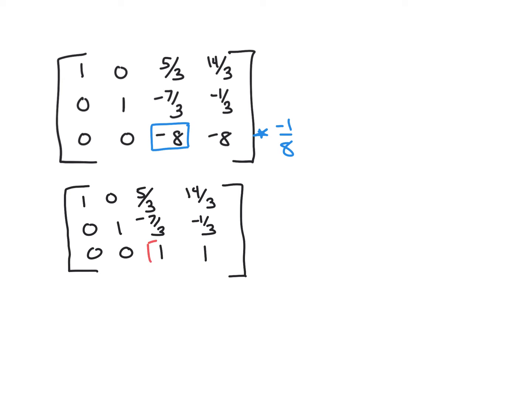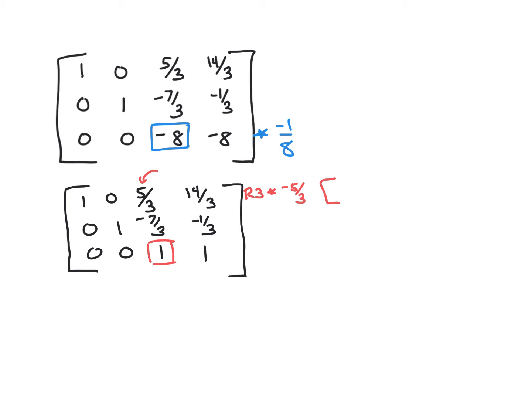And again, we're going to use this one, this row, and we're going to multiply. First, we're going to multiply row 3 by negative 5/3, because I know when I add that row out, that will go to 0.